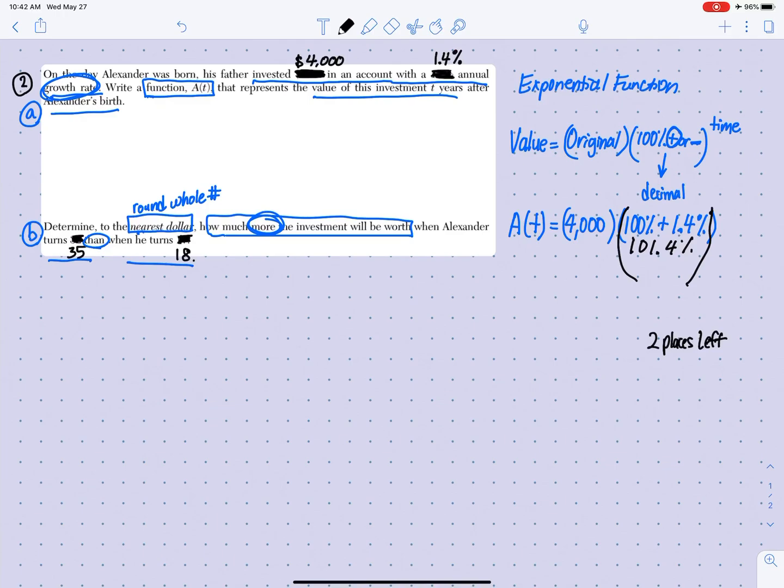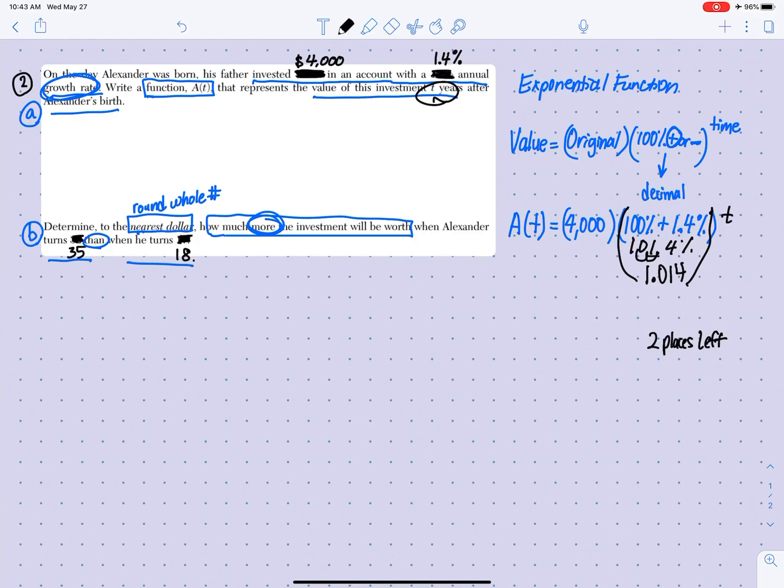So once again, if I wanted to change a percent to a decimal, I move 2 places to the left, and that's 1.014. Okay, this looks kind of messy, but bear with me. All I did was 100% plus 1.4%, and I changed it to a decimal because this number always has to be in decimal format. And then the time here is a general t years.